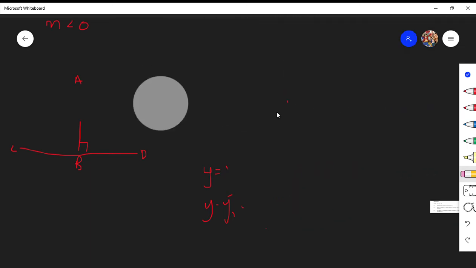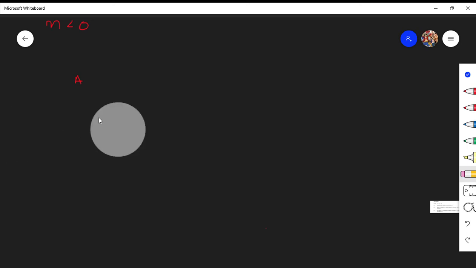Let's move on to the next function. So our next function is our hyperbolic function, right? Sorry, let's go to our quadratic function.